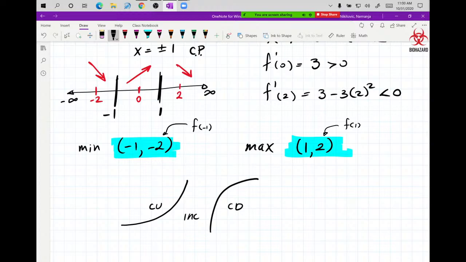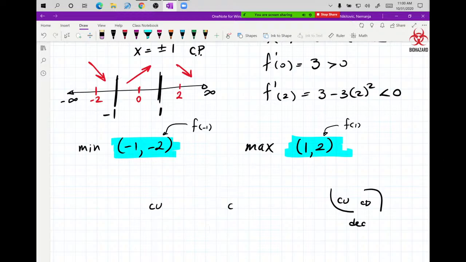The same thing goes for a decrease. You can decrease this way, you can decrease this way. This one is concave up, this one is concave down. And they are both decrease. So it's not enough for us just to know increase, decrease. We need to know concavity. Now, if you have concavity without increase, decrease, you're good.